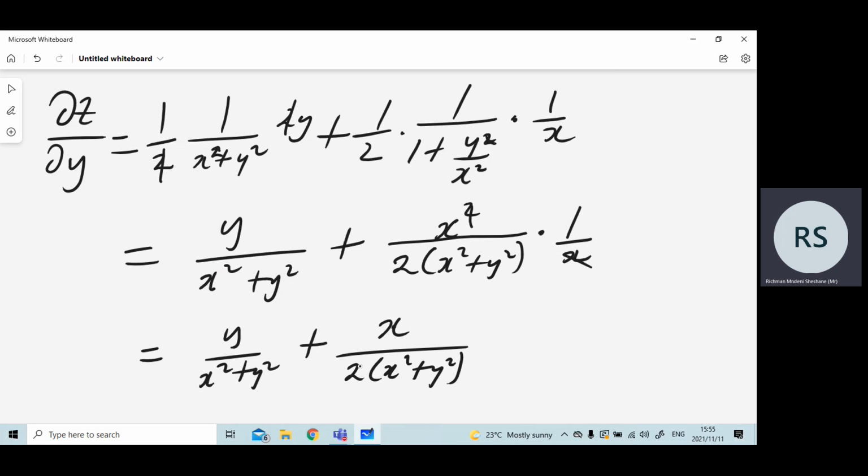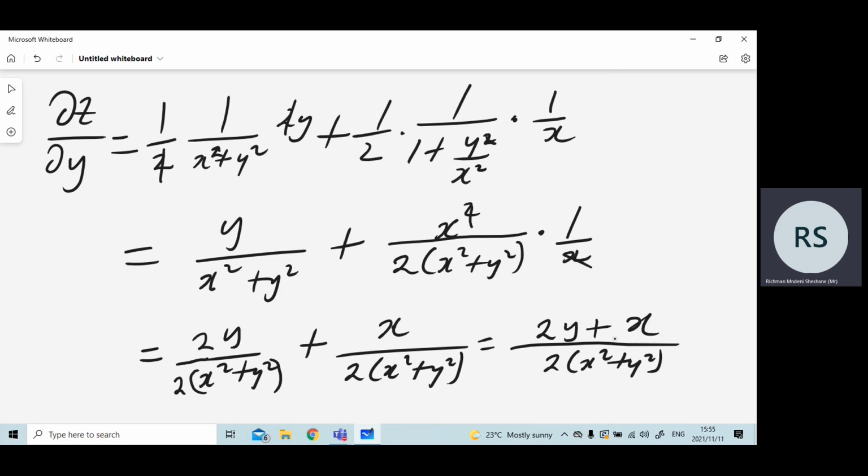We get the denominator fine, but here I'm short a 2 in the denominator, so if I add 2, I need to divide it by 2. 2 over 2 is 1, so the denominator stays fine. So this will have the same denominator, which is 2 times x squared plus y squared, and then just add the numerators, 2y plus x. So this is my first partial derivative.